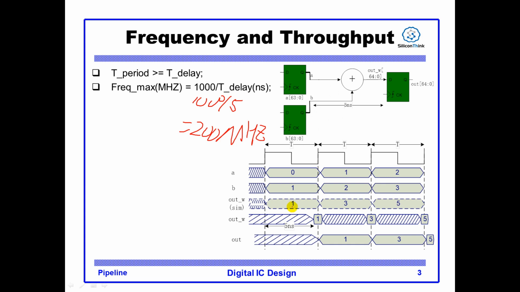And if you just look at the waveform from the RTL simulation, you may see the waveform like that. This is because in RTL simulation, the AND has zero delay. But in the actual circuit, as we have explained in the first chapter, the combinational logic will have delay.